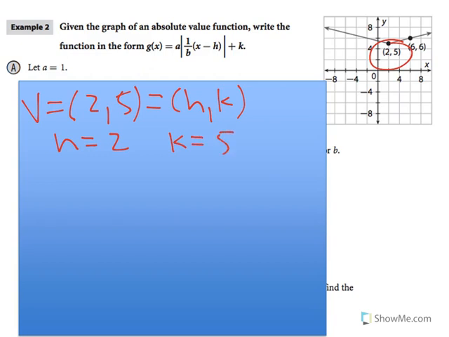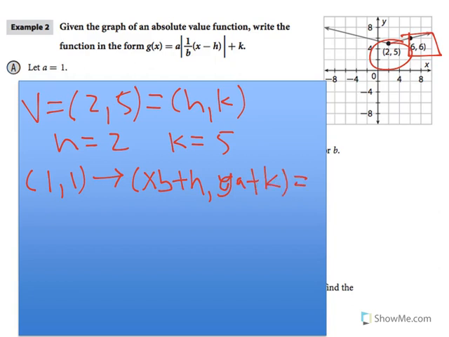Okay. Our next one is this point here. Right, so then remember we have a point (1, 1), and we're going to transform it into (xb + h, ya + k), which is going to equal (6, 6). So we say that 1 times b plus, well, we know that our h is 2, is going to be equal to 6.